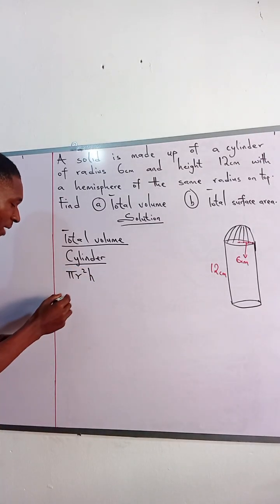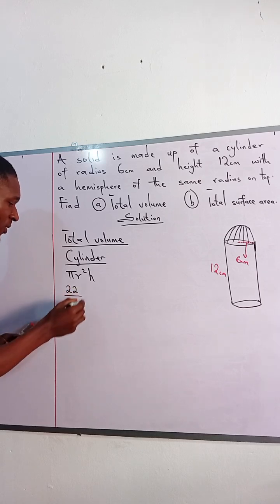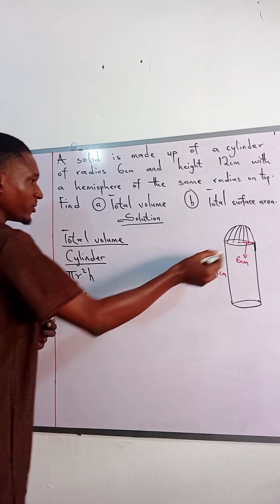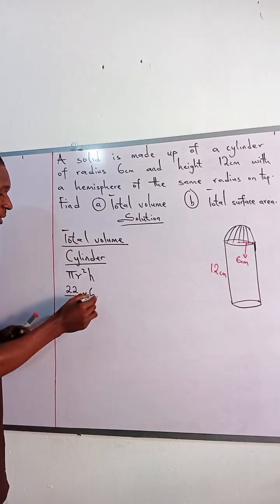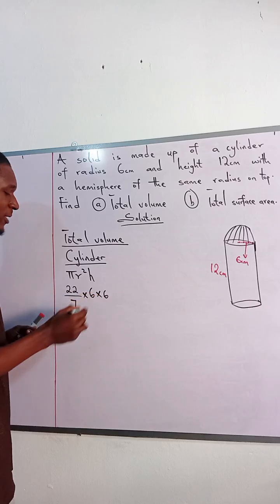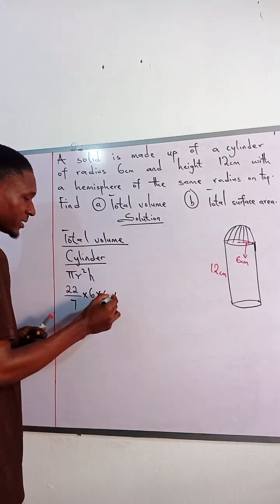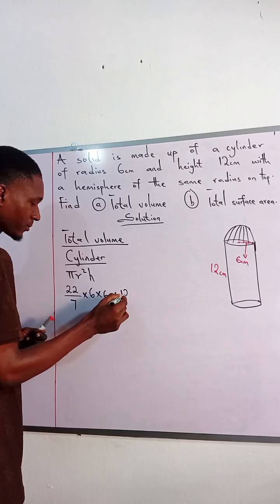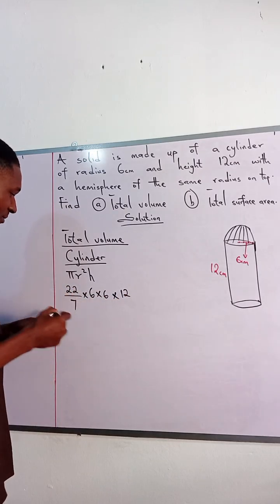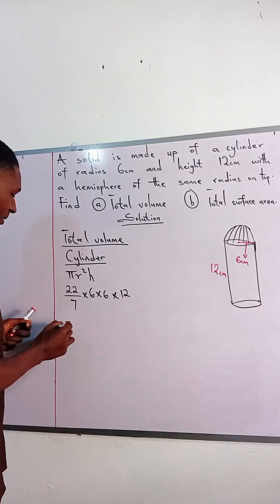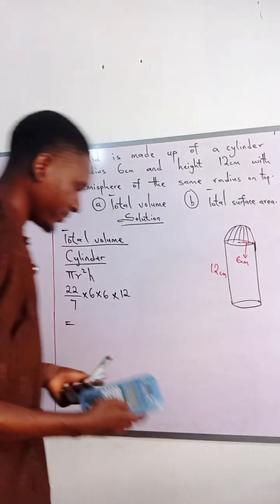So what is pi? Let's take pi as 22 over 7, multiplied by the radius. We were told the radius is 6 cm and its radius is raised to the power of 2. That means radius multiplied by radius, then multiplied by the height, which is 12 cm. So here it is. I'm going to multiply all this and divide by 7 to get the volume of the cylinder. Let me punch my calculator.